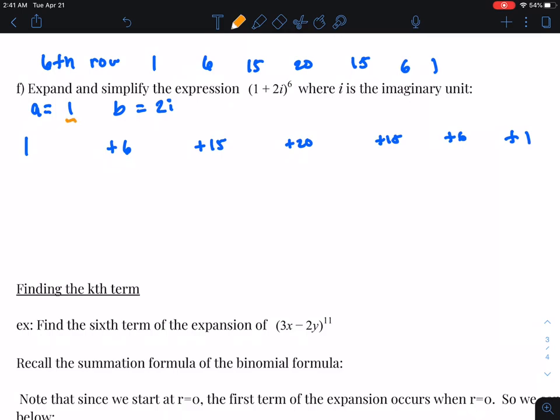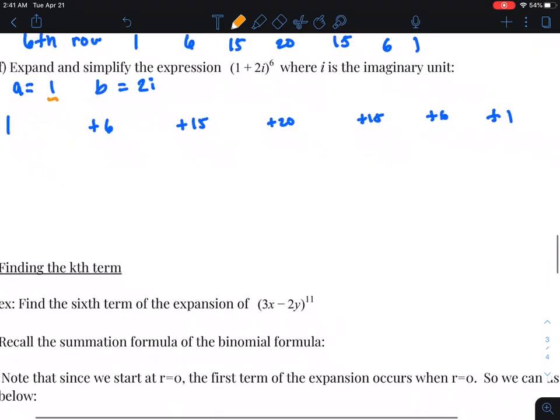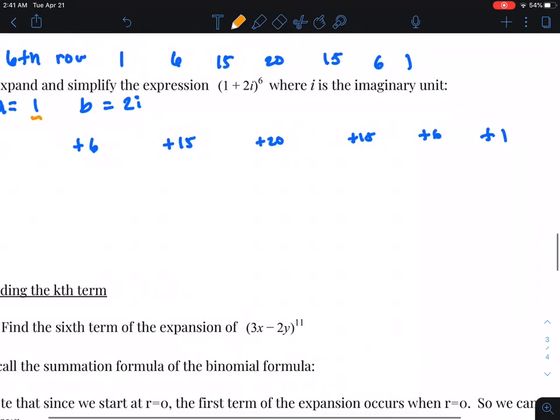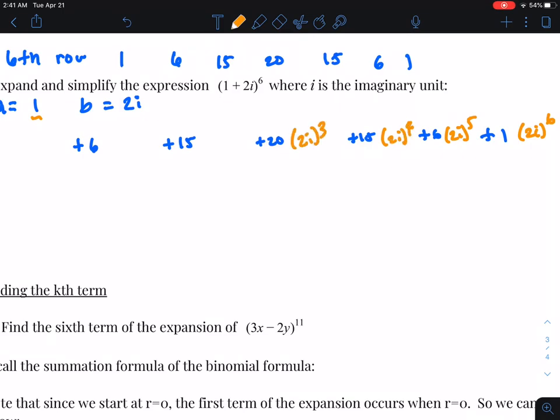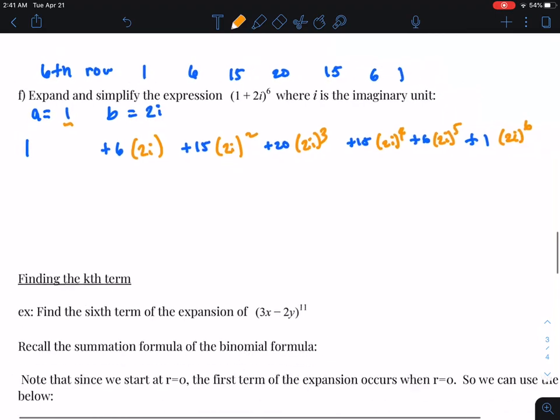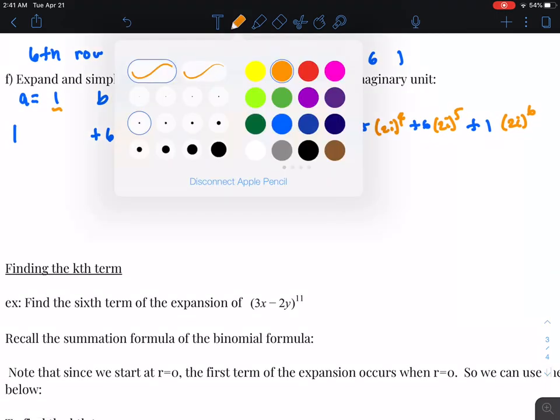Of course, since it's 1, it's just going to be 1 all the way across. We don't need to really write that, but let's just go backwards. 2i to the 6th, 2i to the 5th, 2i to the 4th, 2i to the 3rd, 2i squared, just 2i, and then just 1.